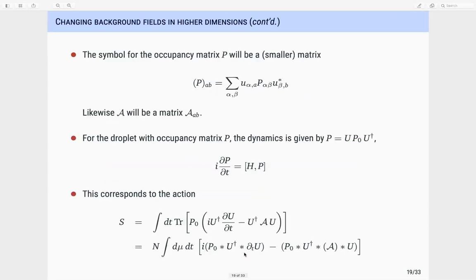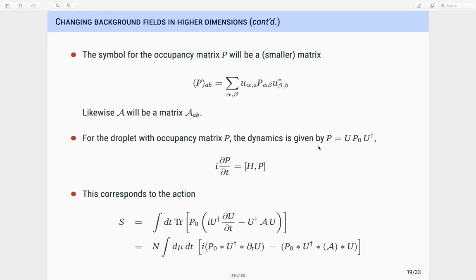So therefore, when I try to define my occupancy matrix and a symbol associated with that by multiplying the matrix by the wave functions, I'll get a smaller matrix. So the symbol itself is a matrix valued function. And likewise, script A will also be matrix valued, smaller than the matrix we started with, but nevertheless. Okay, and so let's look at this occupancy matrix.